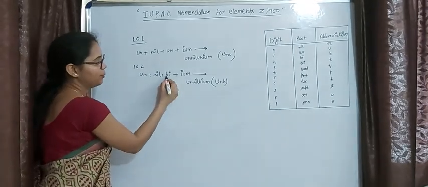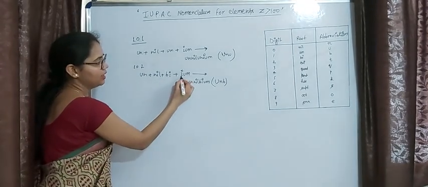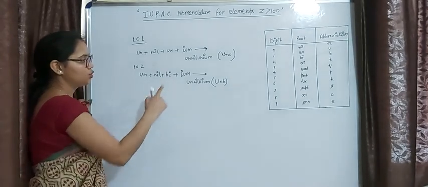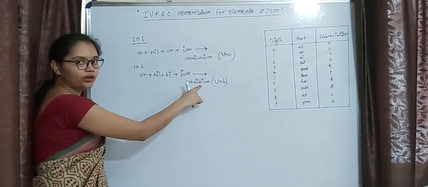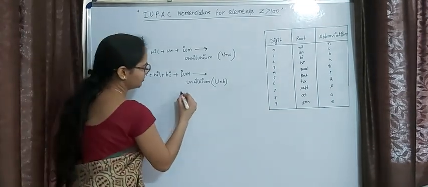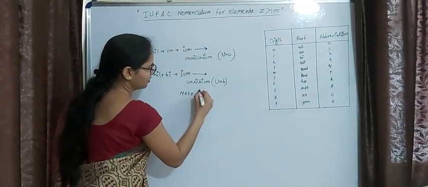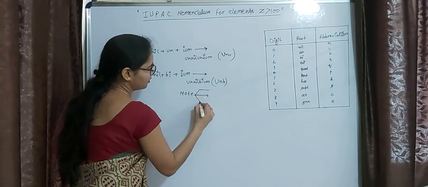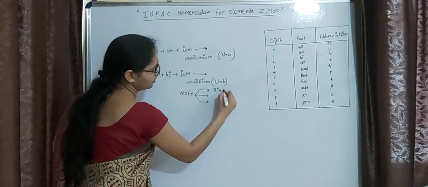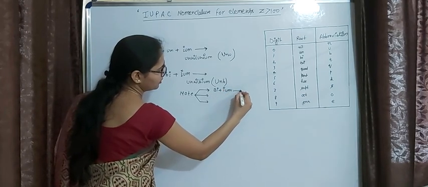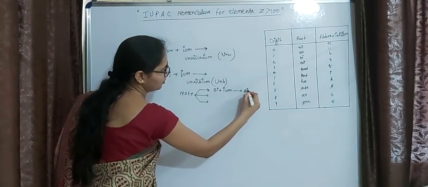Bi has one i, and ium again has one i. So in these types of cases you ignore one i. You will write bium only.